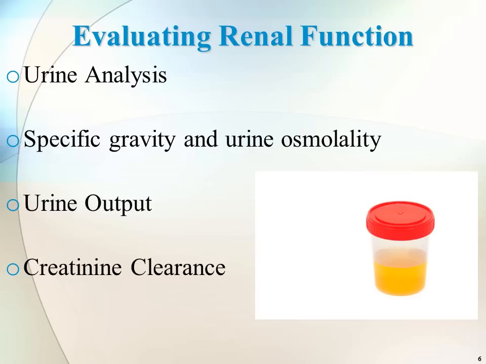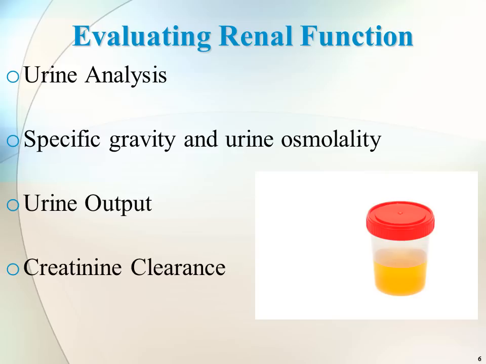Urea has an opportunity to be reabsorbed in the distal convoluted tubule. So urea can shift after it's filtered out from the glomerulus. Creatinine is filtered only in the glomerulus, and it's produced at a constant rate.